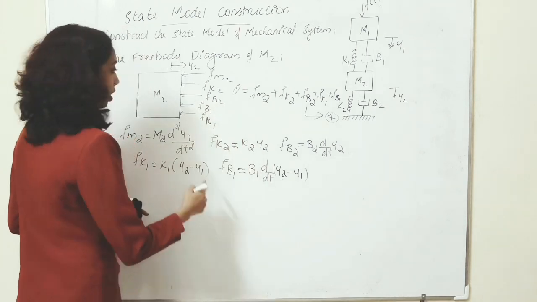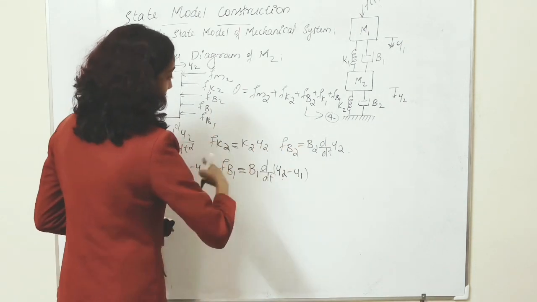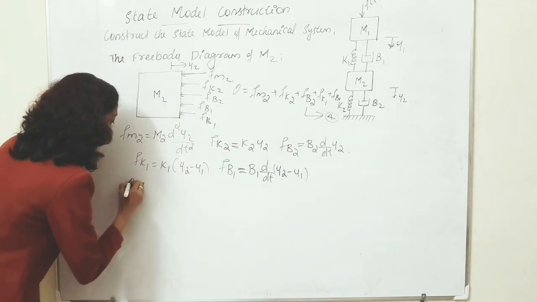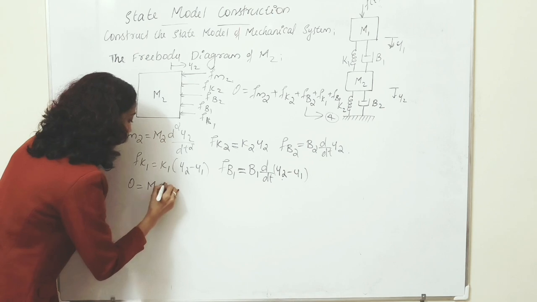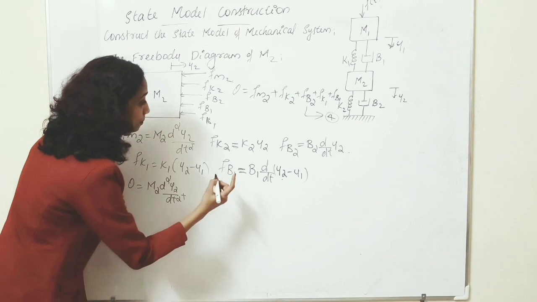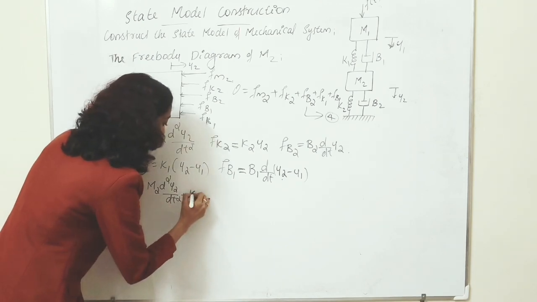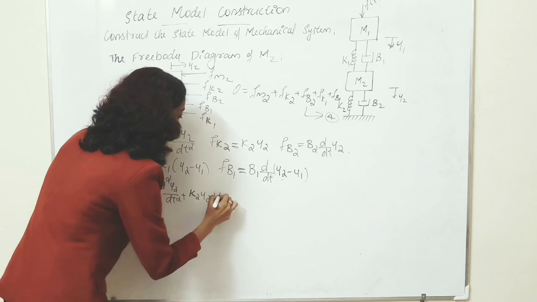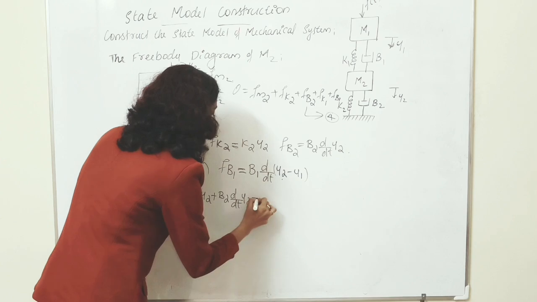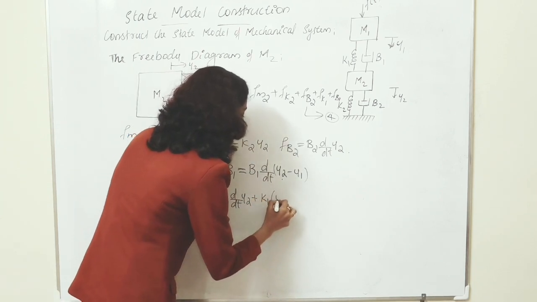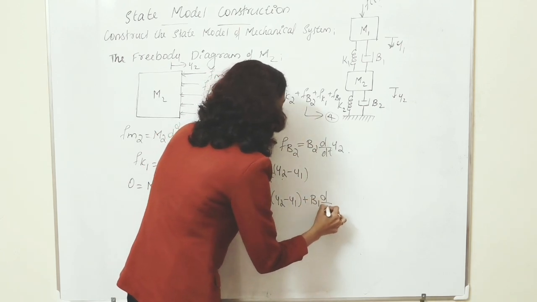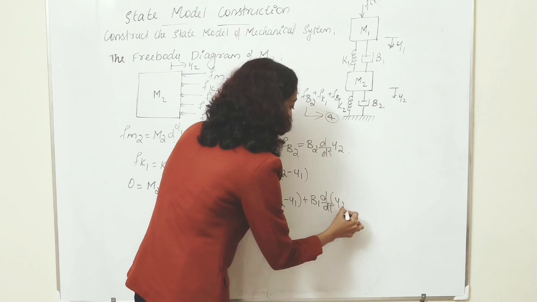Then we can apply all these equations to equation number 4. Therefore, 0 is equal to m2 into d square y2 by dt square plus k2 y2 plus b2 into d by dt of y2 plus k1 into y2 minus y1 plus b1 into d by dt of y2 minus y1.